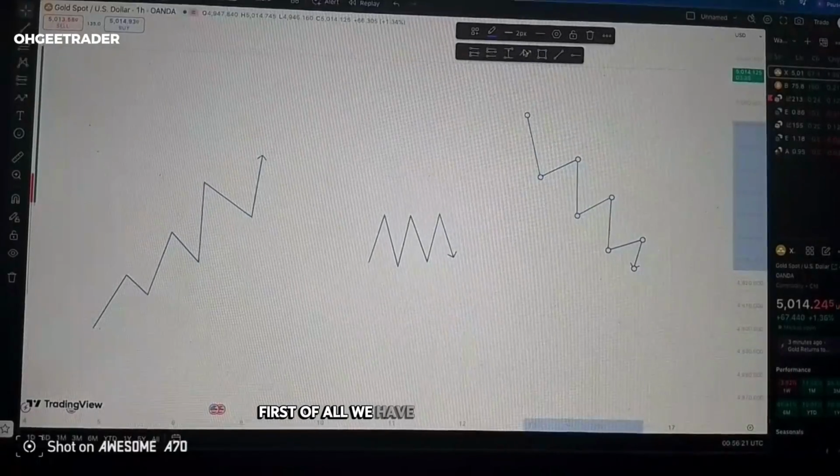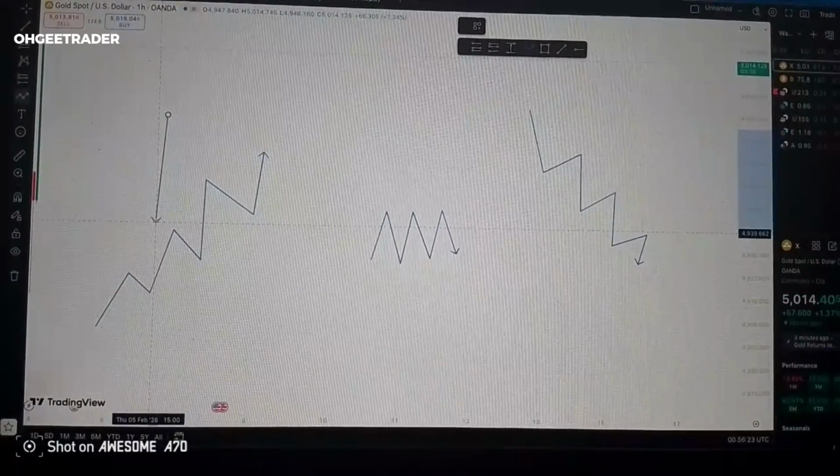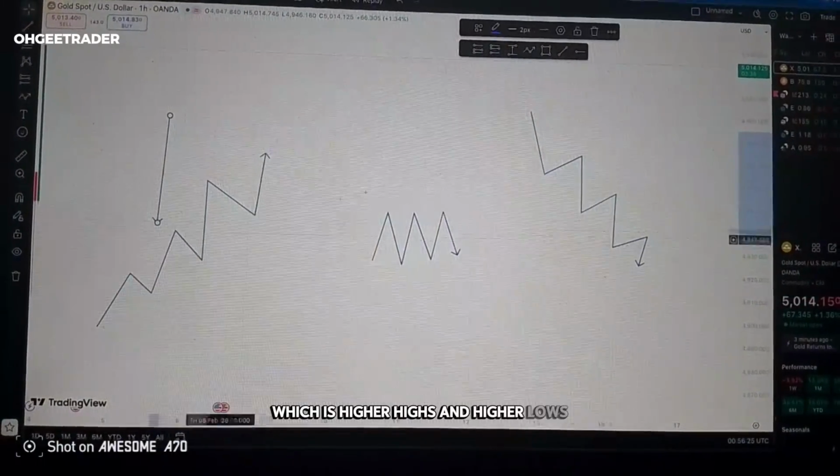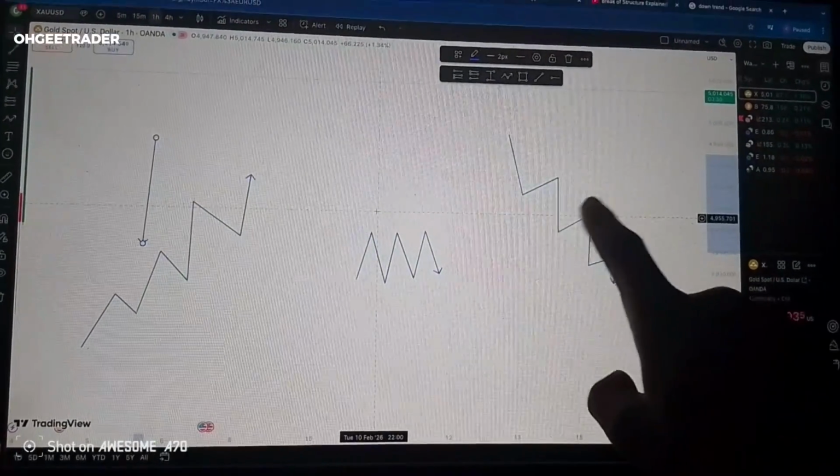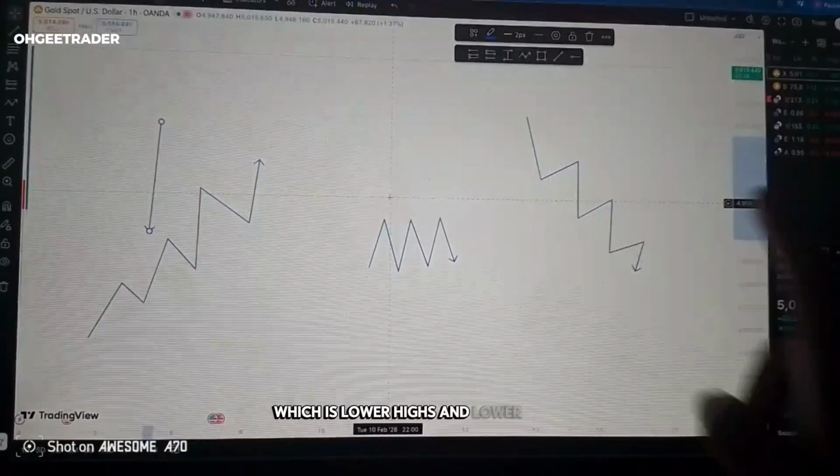First of all, we have the uptrend, which is higher highs and higher lows. We have the consolidation, which is equal highs and equal lows. Then we have the downtrend, which is lower highs and lower lows.